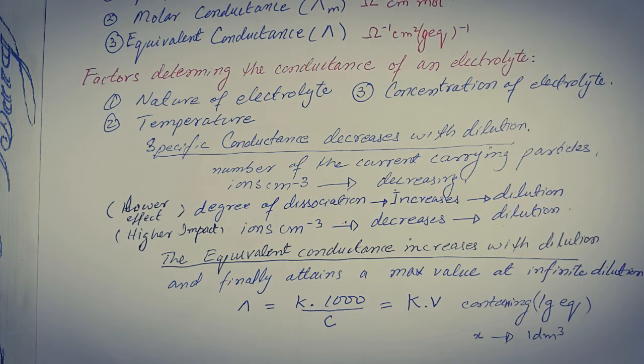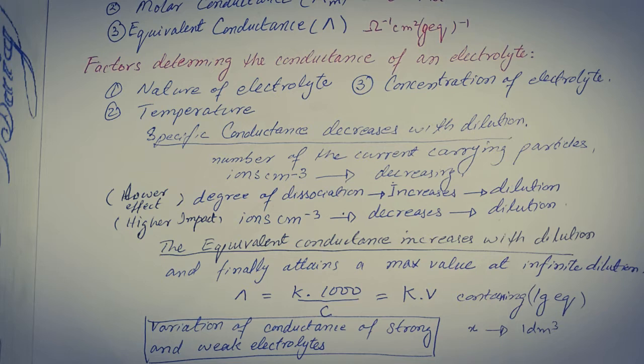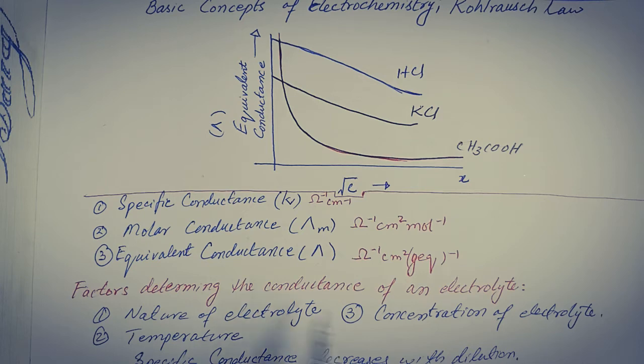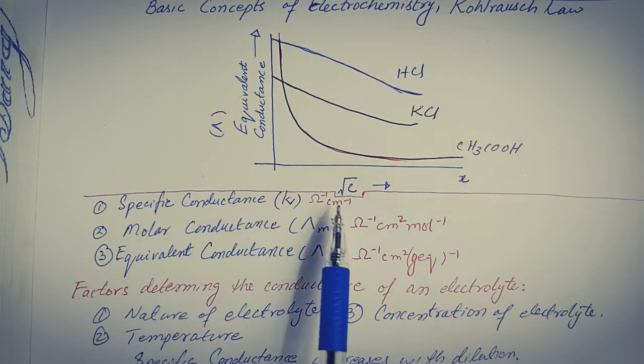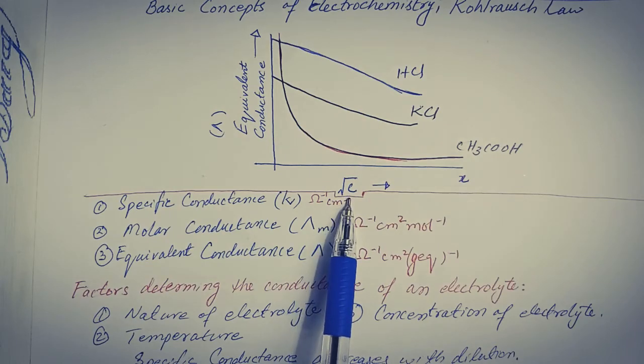So in order to have a clear picture of these two important points, let's discuss the variation of conductance with concentration of strong and weak electrolytes. As we have discussed, the equivalent conductivity of an electrolyte increases on diluting the solution. So here we have the diagram showing graphs between equivalent conductance and the square root of the concentration.